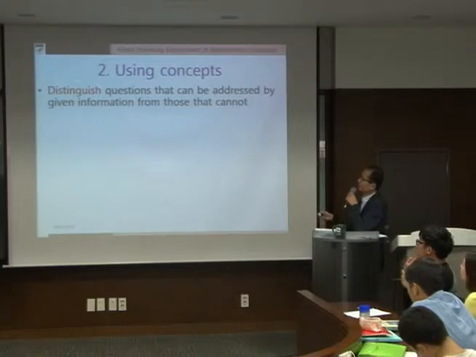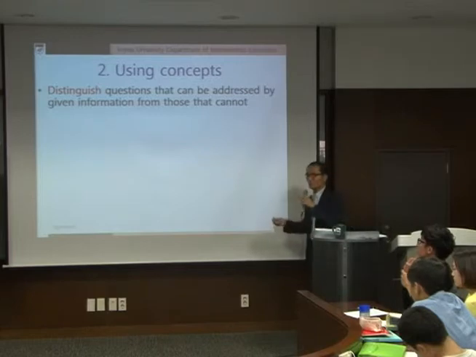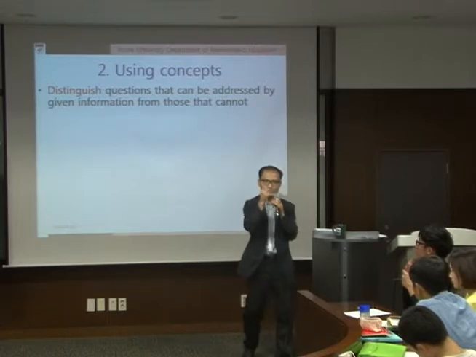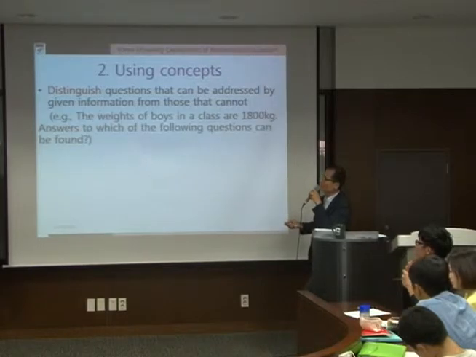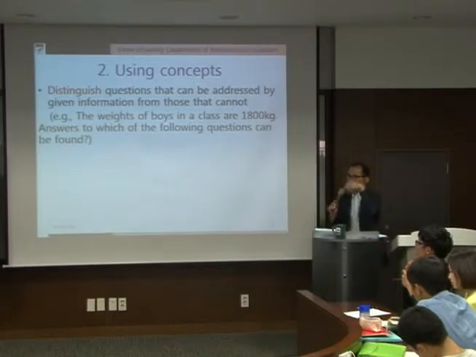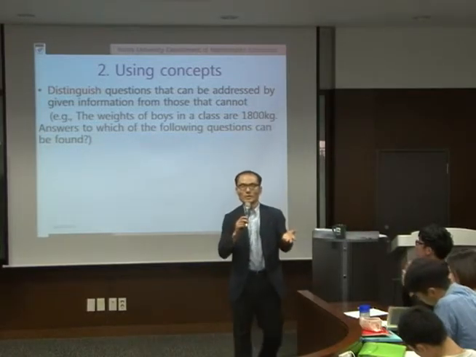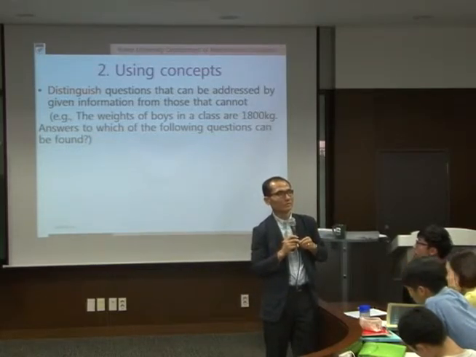Also, they add distinguishing questions that can be addressed by given information from those that cannot. Probably you may not see this kind of example before, but this is one of the interesting examples, I think, from my perspective anyway, in the category of using concept. Probably in developing assessment items, you have focused on only problem-solving issues, right?